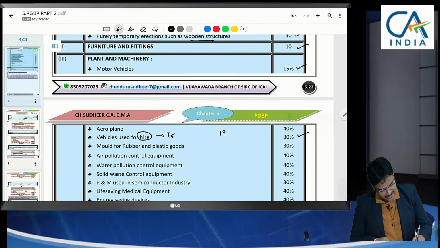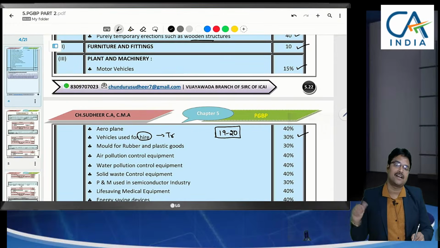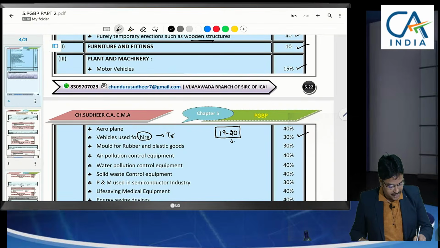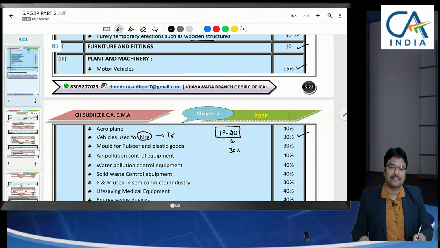During the financial year 2019-20, by the Finance Act 2019, they gave 30% depreciation for normal motor vehicles and 45% for hire business, to encourage asset purchase during that period.